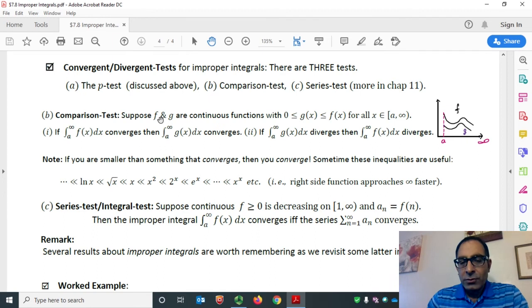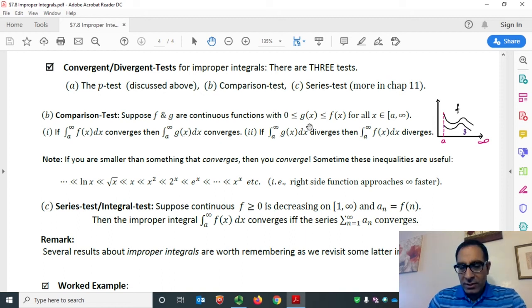Suppose you have two continuous functions with f(x) greater than or equal to g(x). So here your function f lies above g for all x in a to infinity. Then the condition is: if the improper integral of f(x) from a to infinity converges, then the improper integral of g(x) converges.